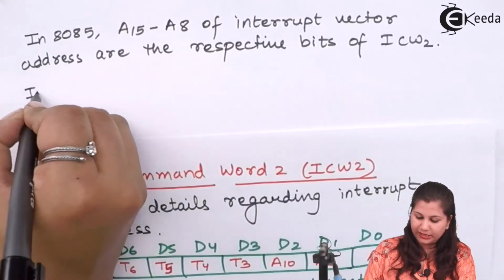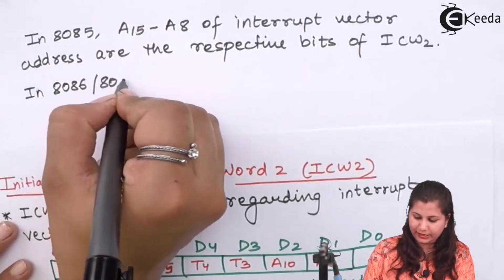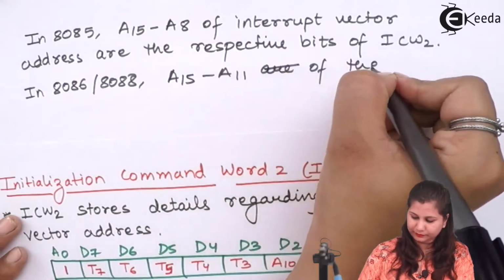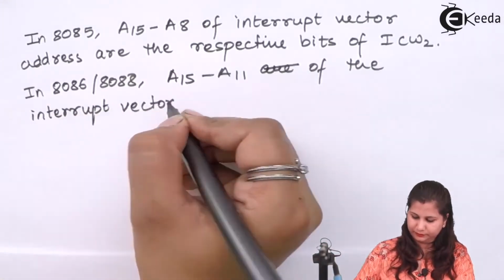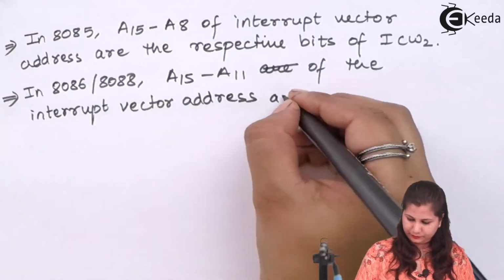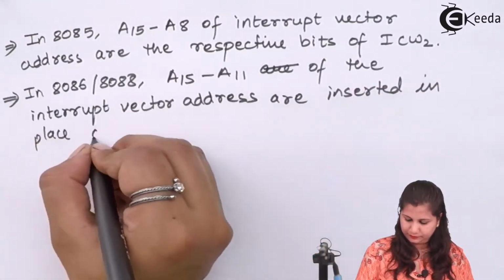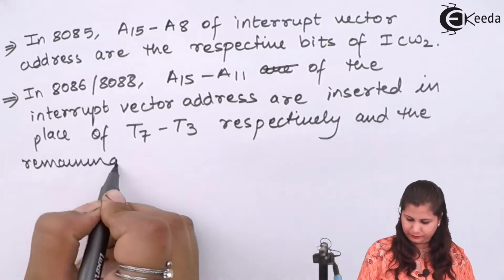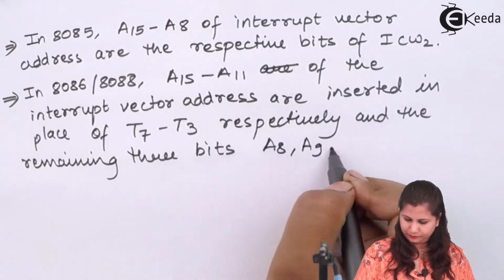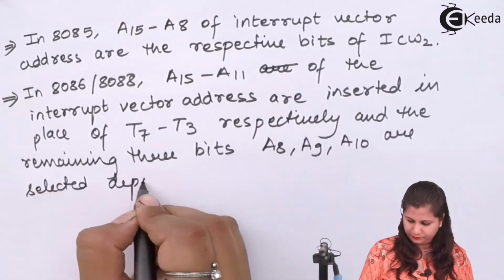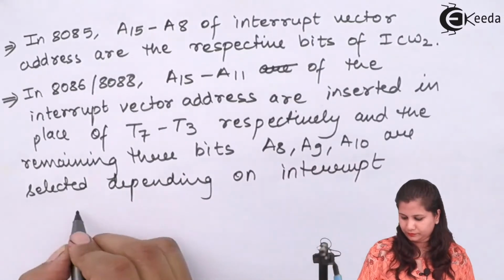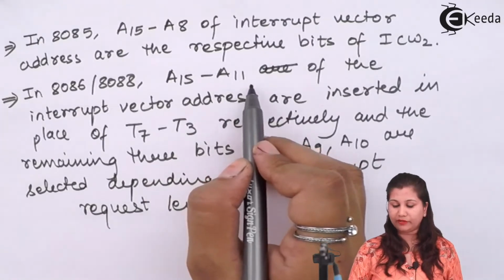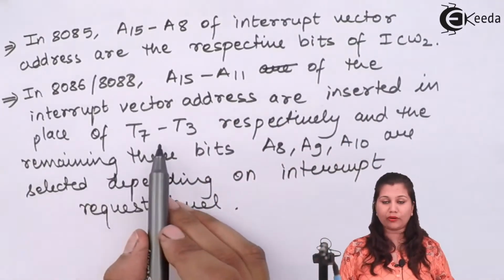Now in 8086 and 8088 microprocessor, A15 to A11 of the interrupt vector address are inserted in place of T7 to T3.